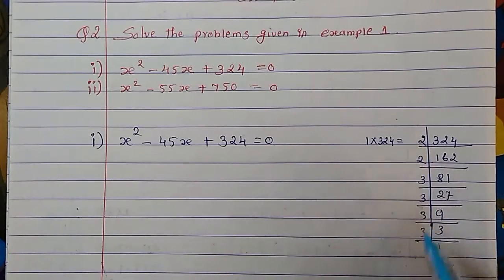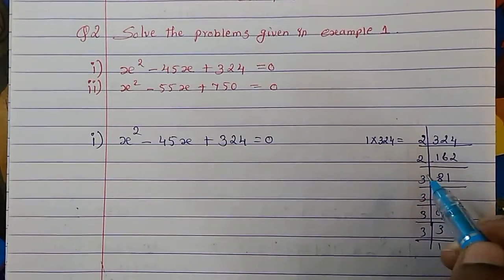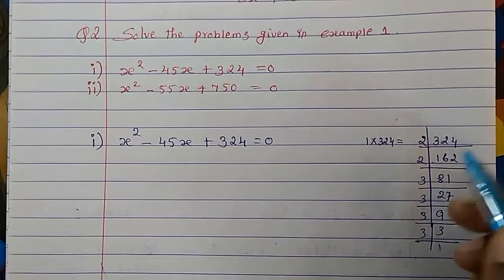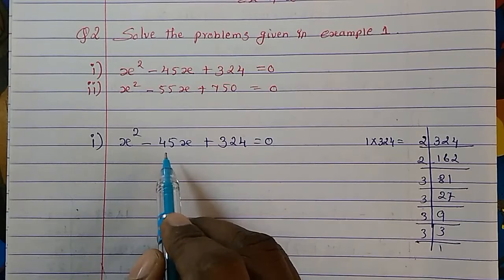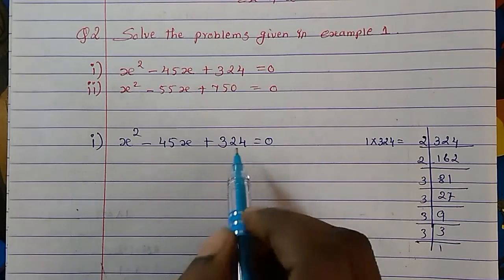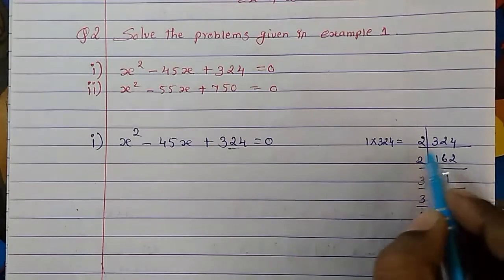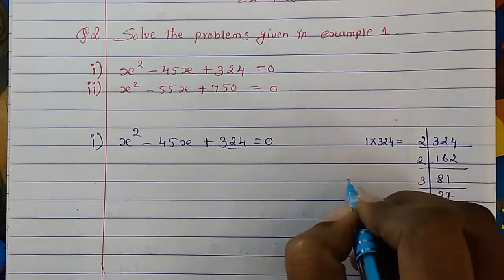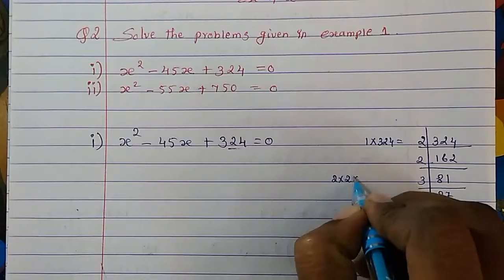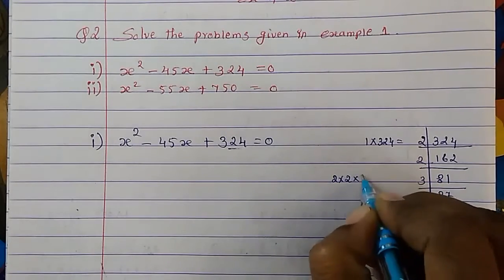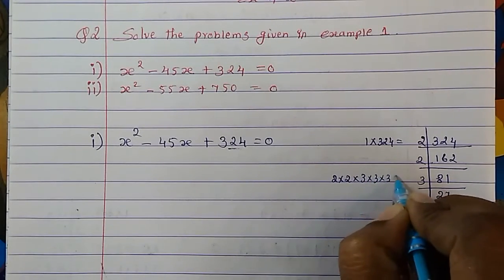Okay, so now these are the factors. Now find any two numbers using these factors so that by adding you get 45 and by multiplying you get the last term. You have 2 twice, and 3 four times.